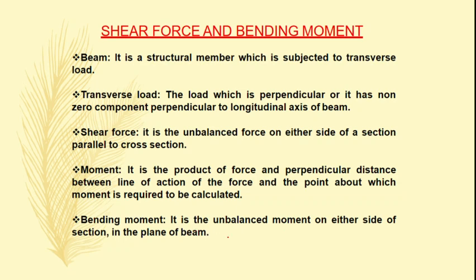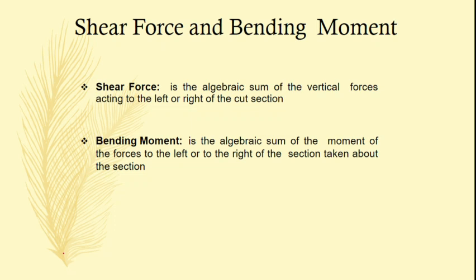Here it is an unbalanced moment on either side of the section in the plane. We can calculate this bending moment on either side of the section, whichever we have considered. Now, how can we calculate the shear force and bending moment? Basically, the shear force is the algebraic sum of the vertical forces acting to the left or right of the cut section.